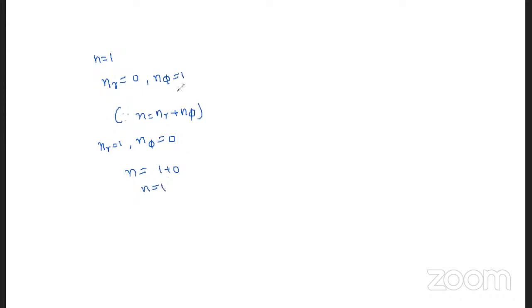So in this case also n value becomes 1. So these two are possible: either nr is equal to 0 or nr is equal to 1. In the first condition we have considered n phi equal to 1, and in the second case n phi equal to 0.